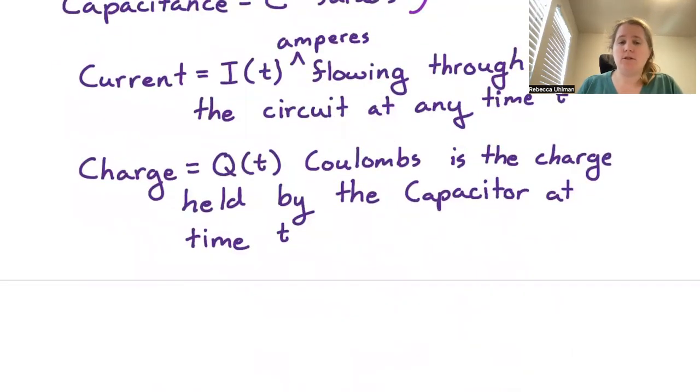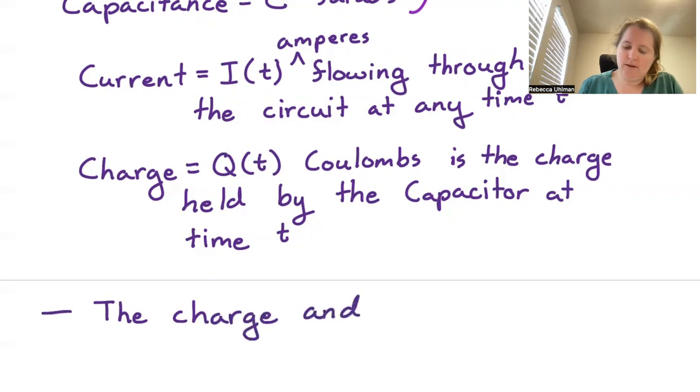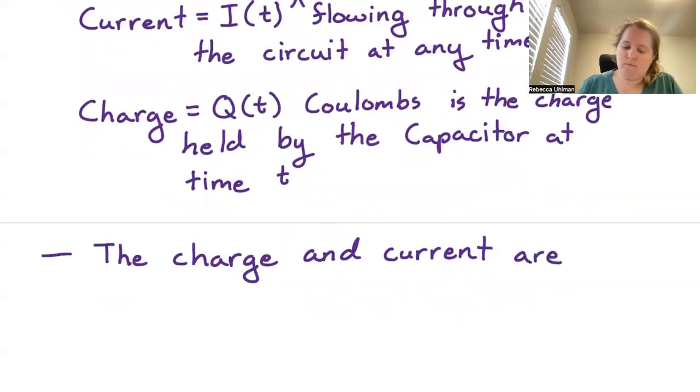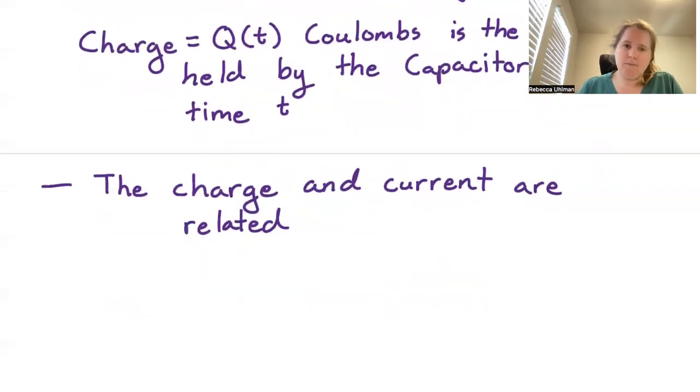So the current and the charge are related to each other. The charge is essentially the initial charge plus the total current to pass through the capacitor.